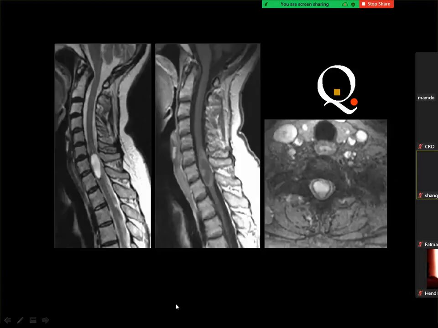And this is another case of the cervical spine in the T1 and T2, T2 and T1 post contrast axial T2, and there is an intramedullary lesion at let us say C6-7 level.